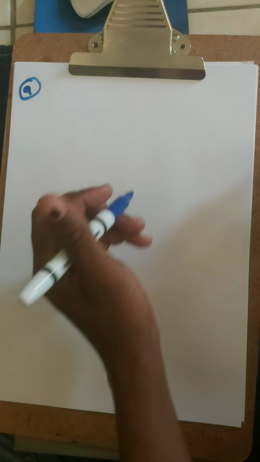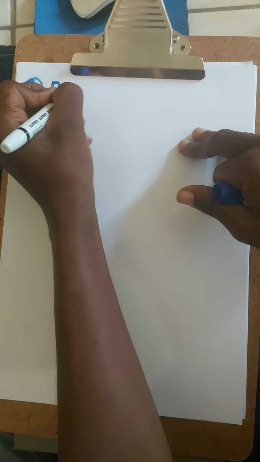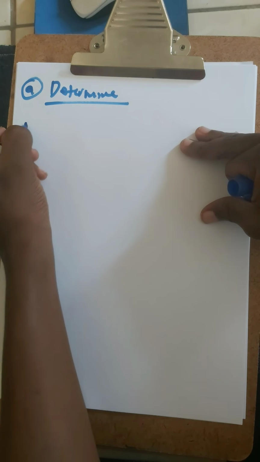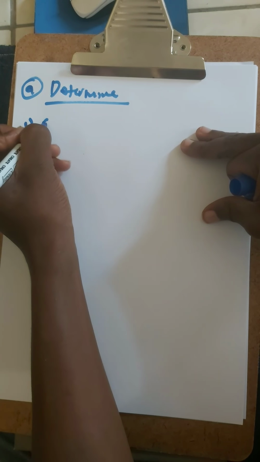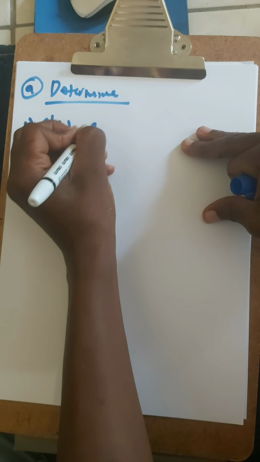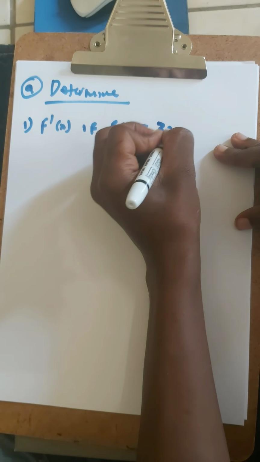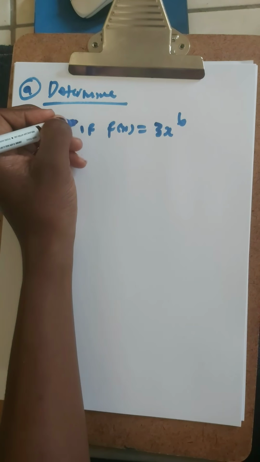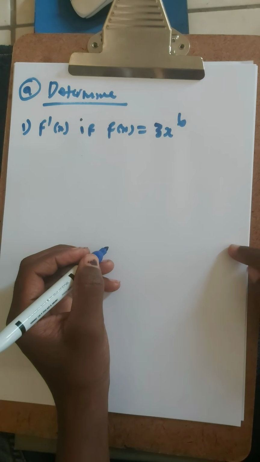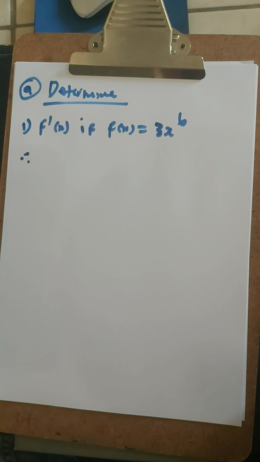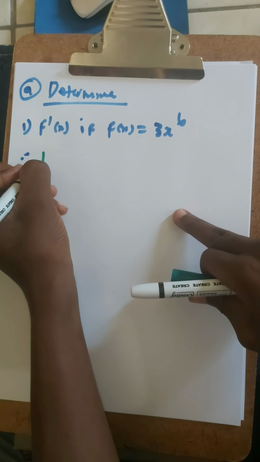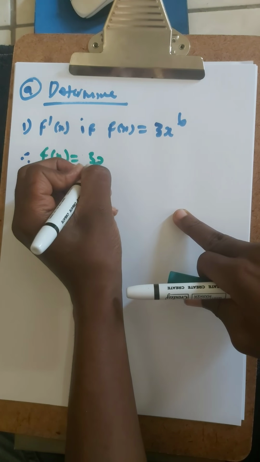For example, number one: determine f prime of x if f of x is equal to 3x to the exponent 6.